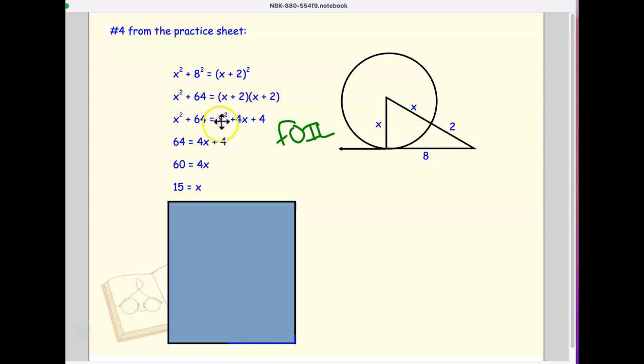So the nice part about this, however, is that once you get to this point, you have an x squared on each side of the equal sign, so your x squareds will cancel. So then you'll be down to 64, and you can just subtract your 4 and then divide by 4, and x would be 15. So that's just a heads up on the practice. That's it for this lesson.